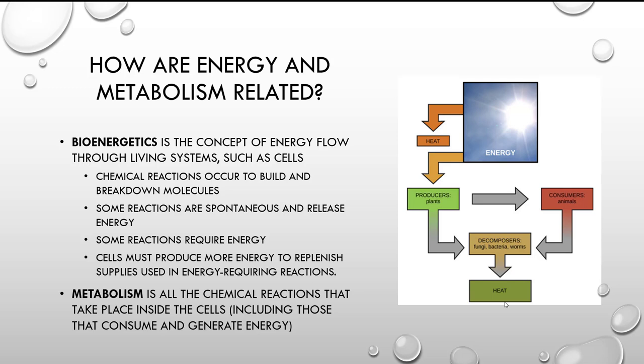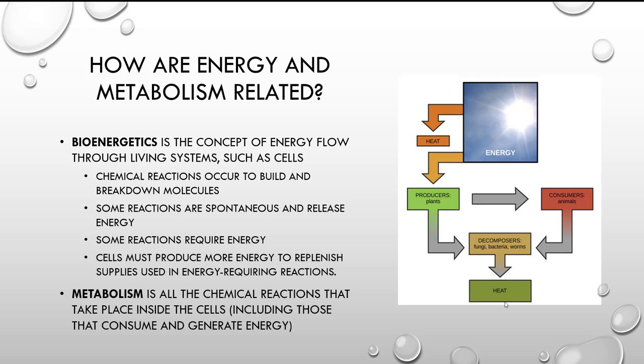So when we're thinking about all of this, cells are constantly undergoing chemical reactions to build or break down molecules. And so cells need to produce more and more energy to replenish their supplies that are used in the energy requiring reactions.